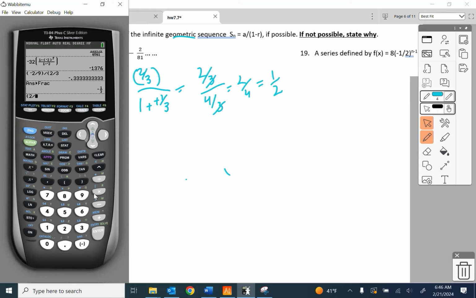But if I can't, it was 2/3 divided by, there's two things in the denominator, so parentheses, 1 minus a negative 1/3. Feel free to use N over D. Just takes longer for me to do it. 0.5. Who would have thunk? I was right.